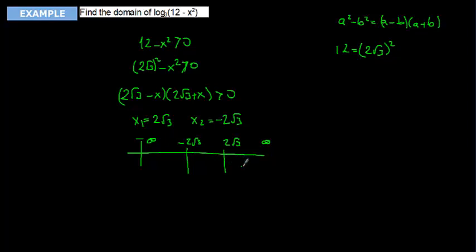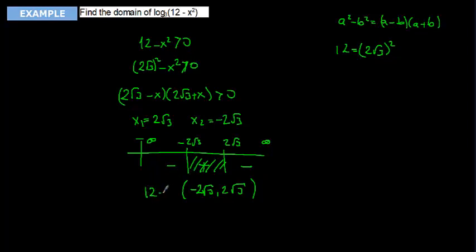Here this sign should be minus, because the x squared coefficient is minus. That's why it should start with minus, then plus, then minus. Then we are looking for greater than 0, so this is the greater than 0 part. Then the solution is minus 2 root 3 till 2 root 3. I didn't put the parentheses here. These are going to be open parentheses since the sign is greater than.